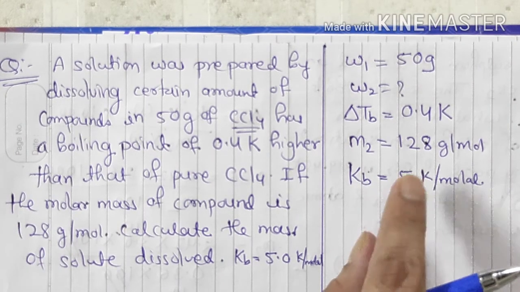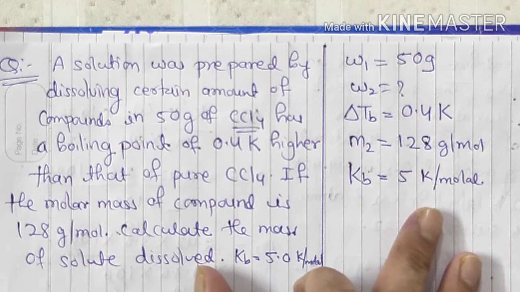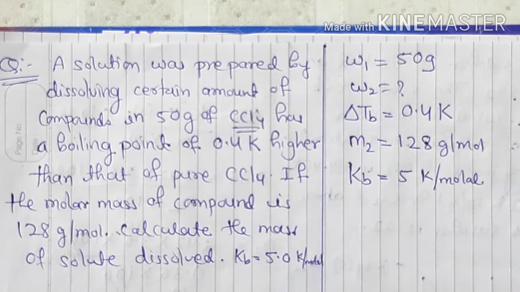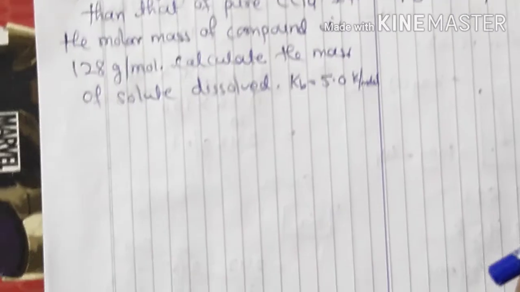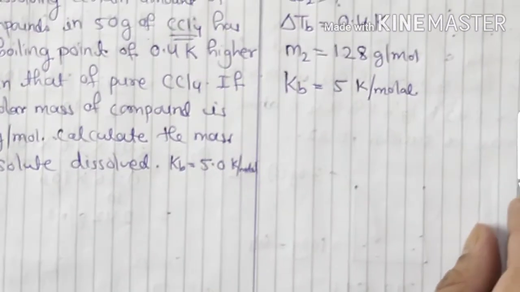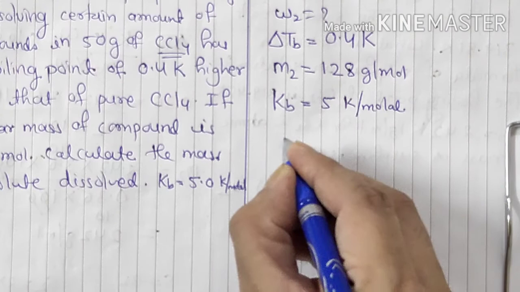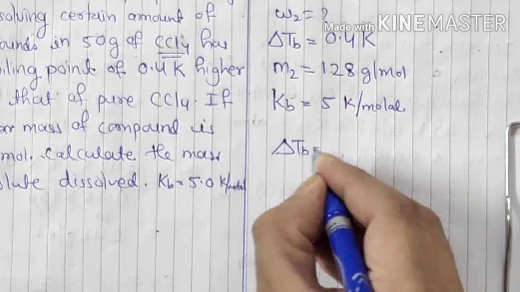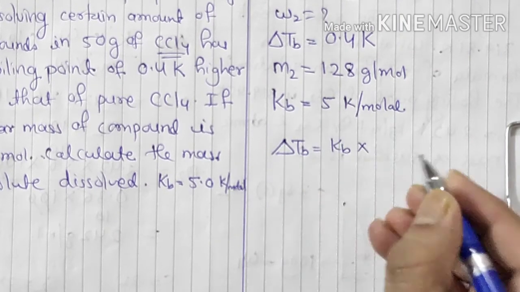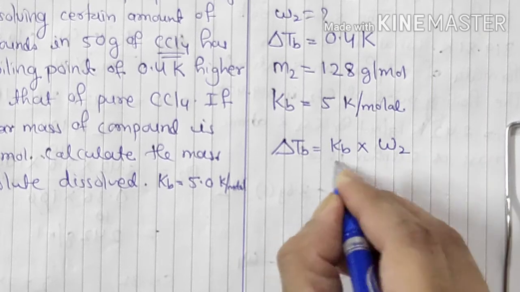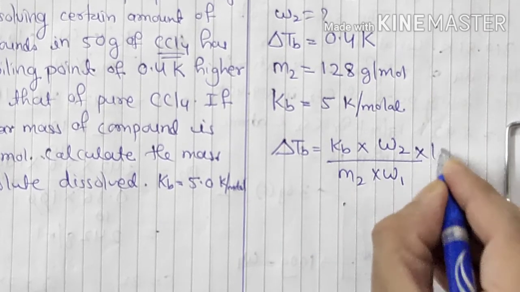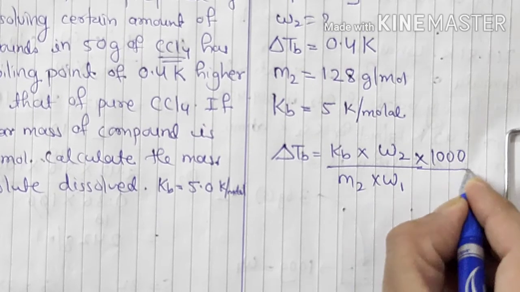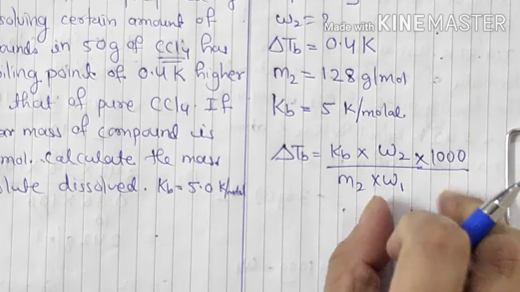Right student? Now we have to solve this. मुझे weight of solute find करना है, and the formula is going to be same. Right? Formula क्या use करेंगे? Now I am writing the formula over here. Delta Tb is equal to Kb into m. m is molality. Molality can be written as weight of solute, molecular weight of solute, weight of solvent multiplied by 1000. Right? Okay.